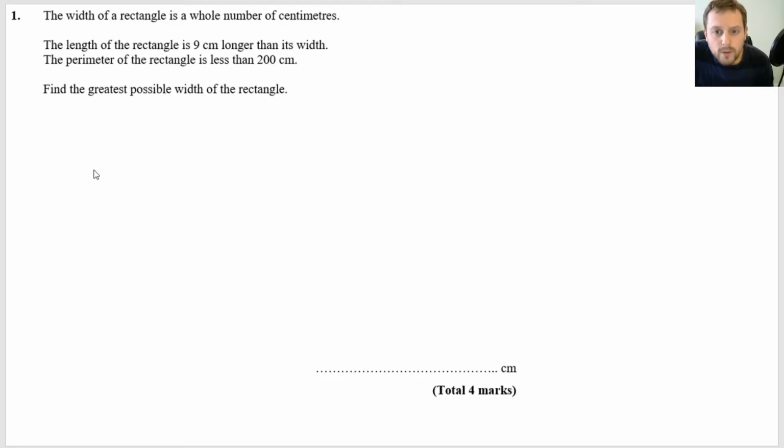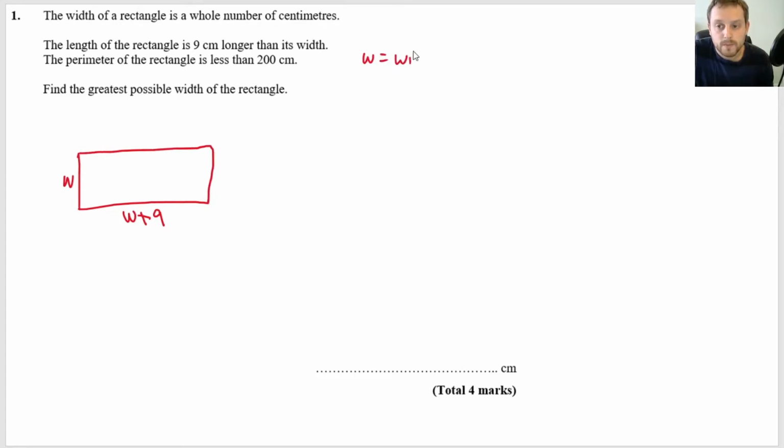So, for example, the length is 9 centimetres longer, so I'm going to do W plus 9 and W. Because if W is the width, then the length is 9 centimetres longer. So I've got W and W plus 9. So this will also be W and this will also be W plus 9.